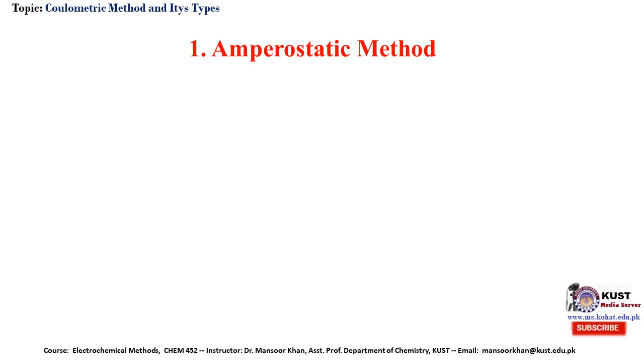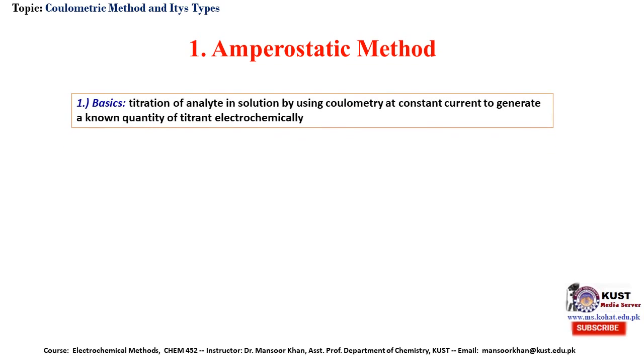So what is the amperostatic method? The amperostatic method is also called coulometric titration. Like we have earlier discussed the example of determination of chloride using Ag by the coulometric method. So that was the example of the amperostatic method.